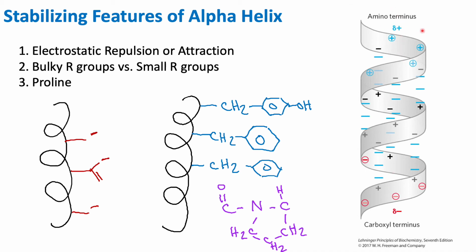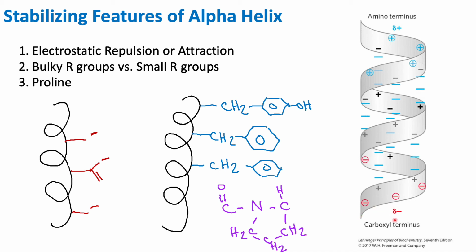Now, if we have a partial positive, it would be better to have R groups that are negatively charged, because that'll create an attraction between the two. And over here, if we have a partial negative, it would be better to have R groups that have positive charges, for example lysine or arginine.